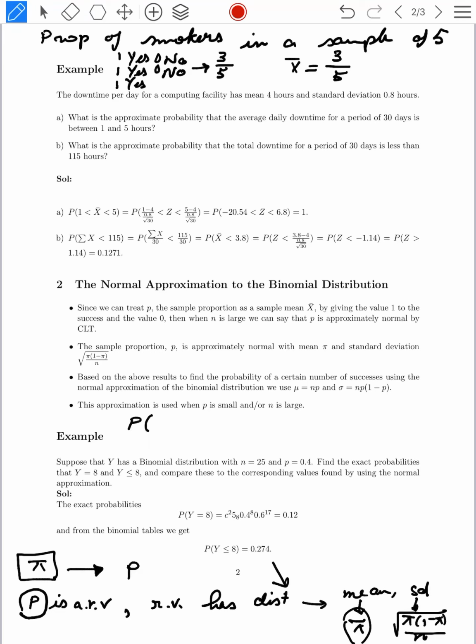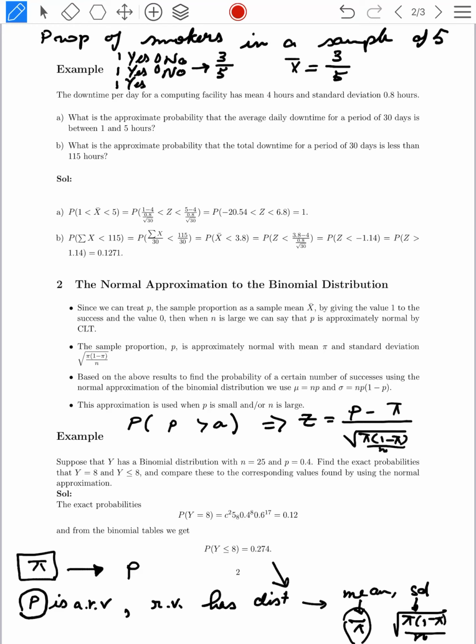For example, I can find the probability of P, the proportion, bigger than a certain value. How do we standardize for P? What's our z-score? Our z-score is P minus pi, over the square root of pi (1 minus pi) over n.